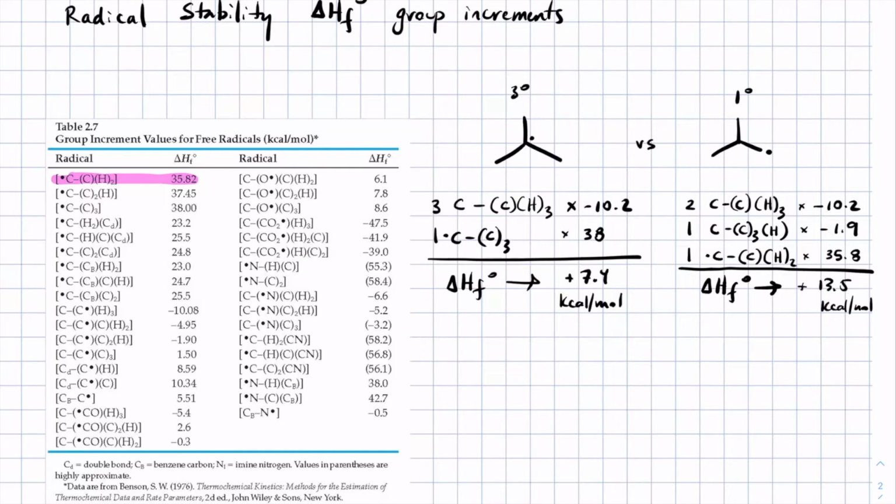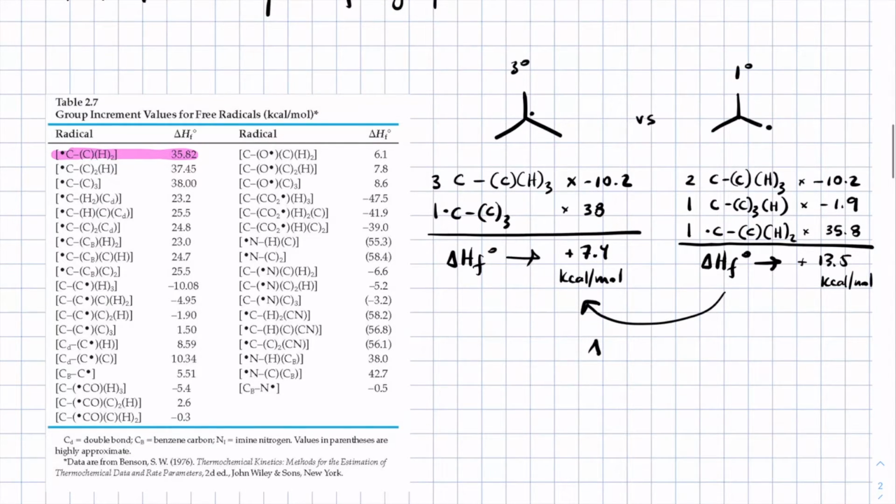Now remember, heat of formation numbers are relative to their elemental precursors, but we could make that comparison between the two, and we could say that in terms of heat of formation, the tertiary radical is 6.1 kcal per mole more stable than the primary radical. All right. So remember that number. We're going to come back to it.